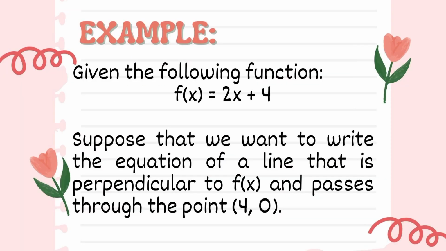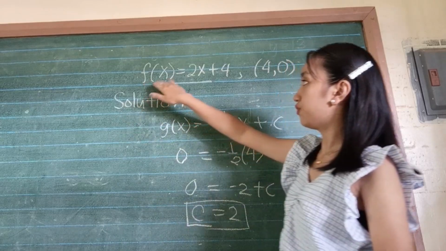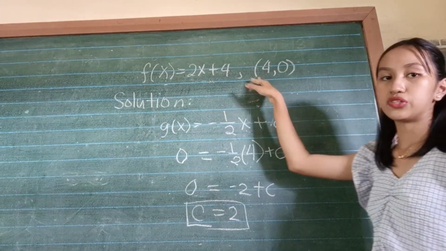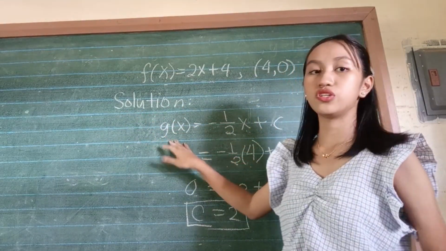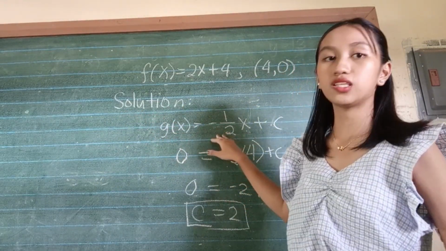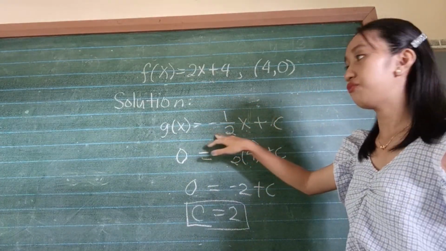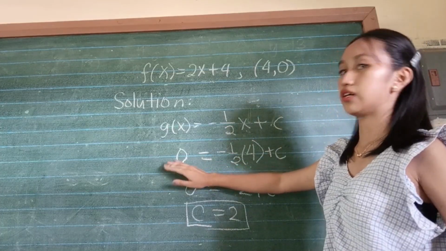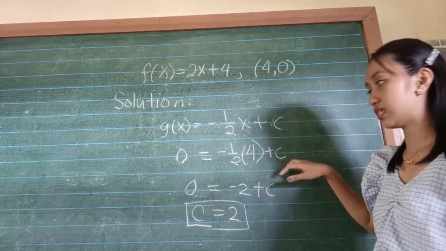So here is an example. We have the given line f of x is equal to 2x plus 4, and the point 4 and 0. So, solution, we have another line, g of x is equal to the negative reciprocal of this line, which is negative 1/2 x plus c. Then we are going to substitute the given: 0 is equal to negative 1/2 times 4 plus c.